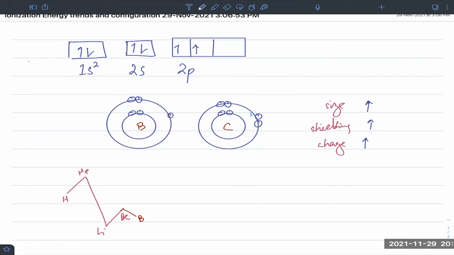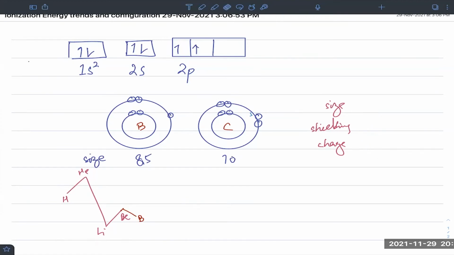Has anything changed from boron to carbon? Effective nuclear charge has changed. It has increased. Size has decreased because of nuclear charge. Size of boron is 85. Size of carbon is 70. Okay. And size has decreased.